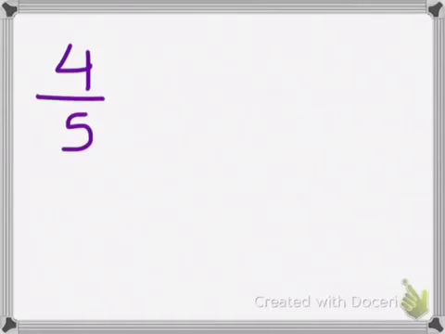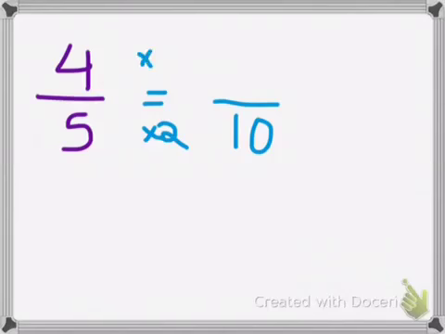So for example, I know how to make equivalent fractions. I know that I can multiply the top number and the bottom number by the same thing. If I wanted to make this fraction have a denominator of 10, I could multiply 5 times 2 to get 10. But I multiplied the denominator by 2, so I also have to multiply the numerator by 2. 4 times 2 I know is 8.